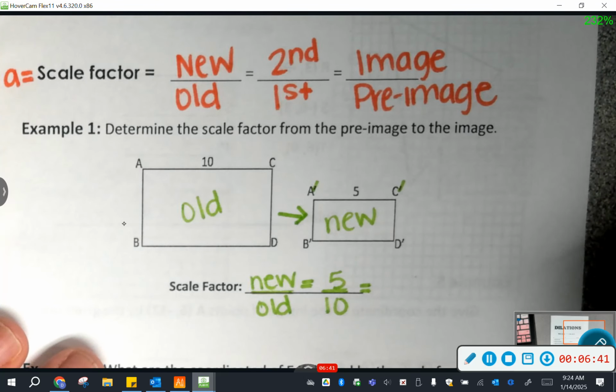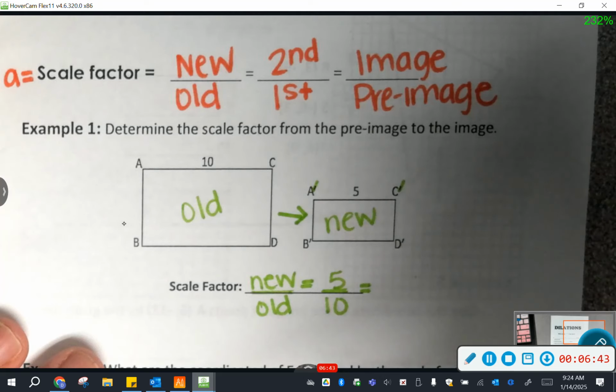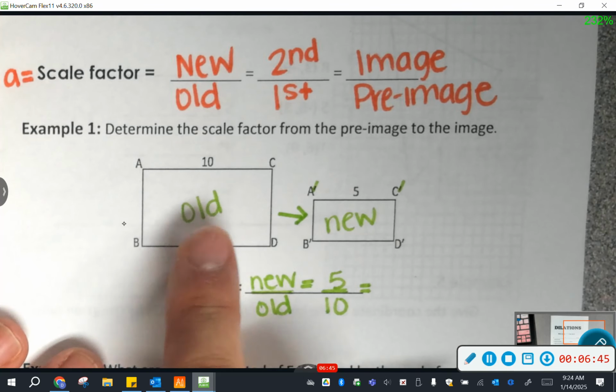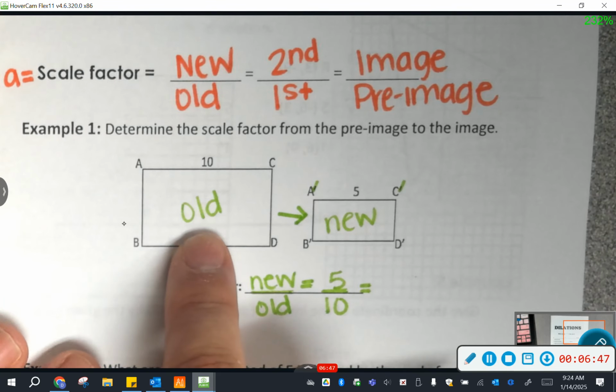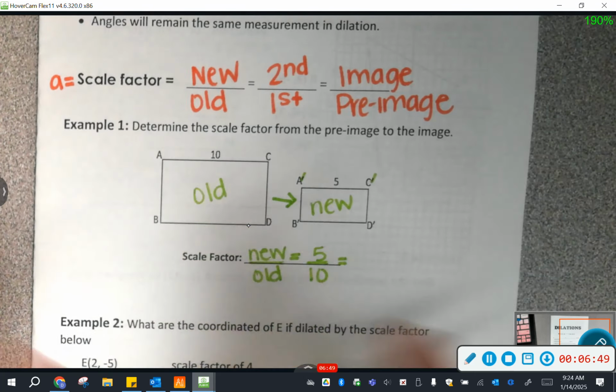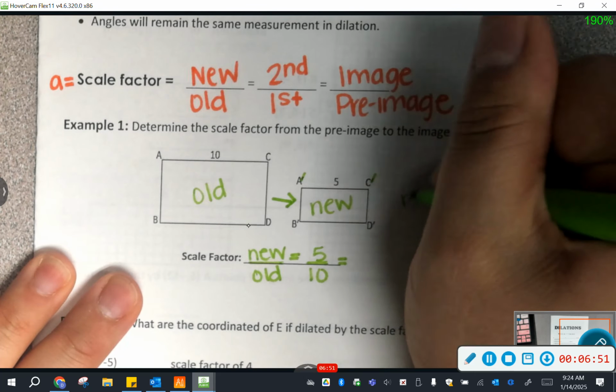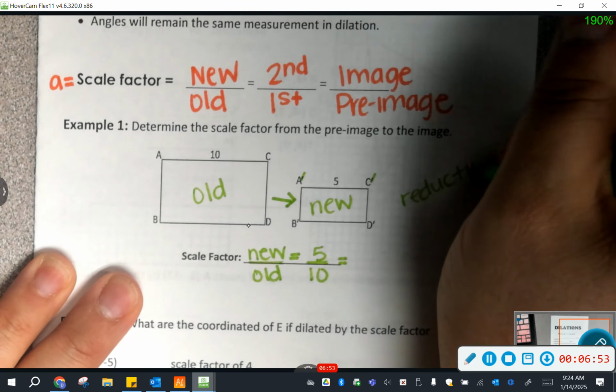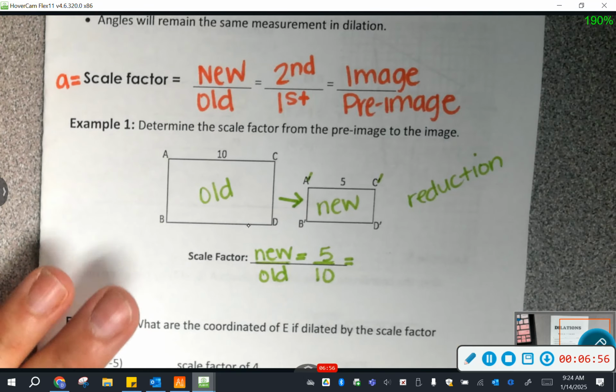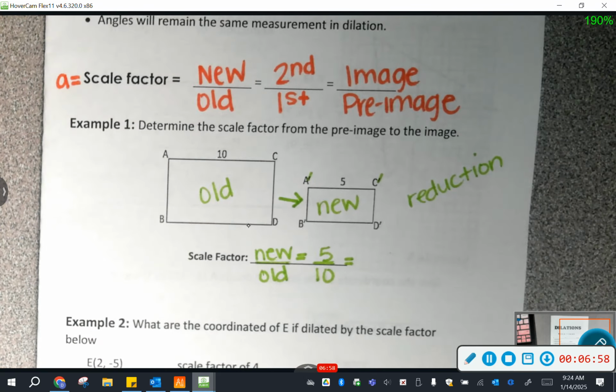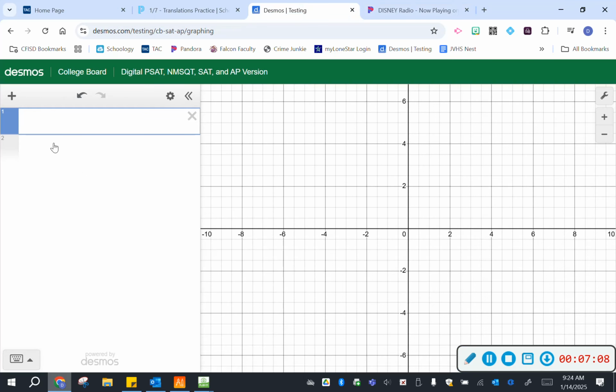Anybody know? Okay, so be careful. I want y'all to think about this real quick. Is this a reduction or an enlargement? Do y'all agree this is a reduction? Does it make sense if you're reducing to multiply something by 2? No. So is 5 divided by 10 2? No. By the way, if you're not sure, always please divide in Desmos.